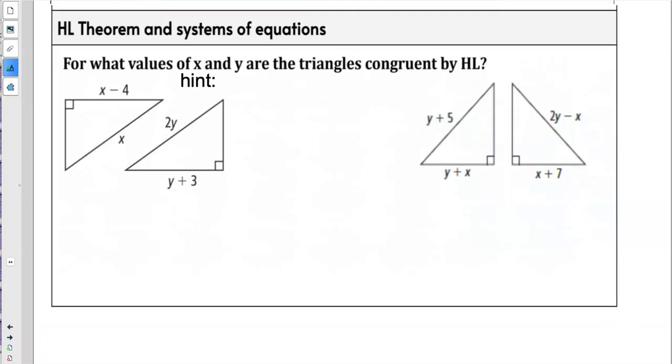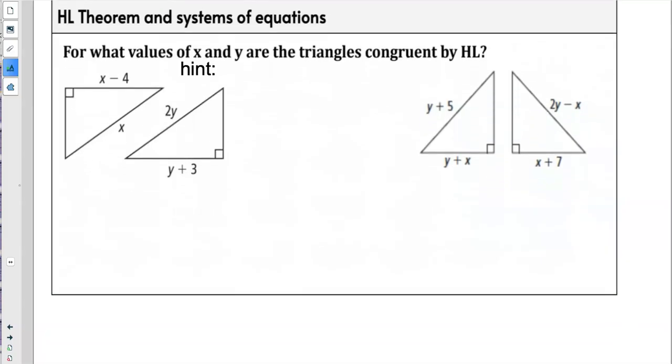Now, HL theorem and systems of equations. Systems of equations. Ding, ding, ding. That's why we did this stuff yesterday, our pre-work on section 4.6 to do systems of equations. So if we're going to use HL, we've got to keep in mind we're thinking systems of equations.